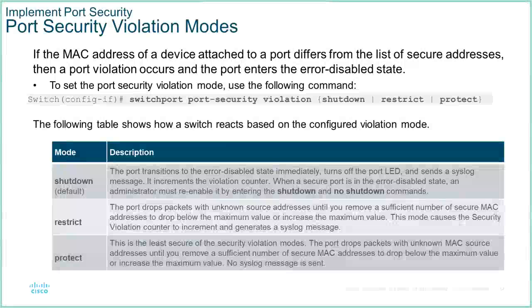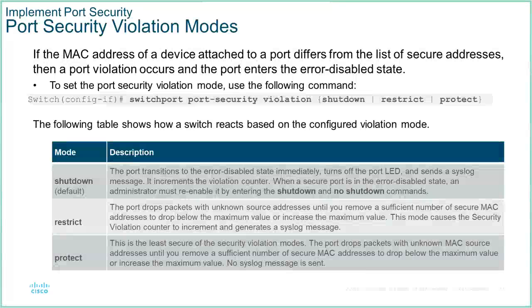But it won't take proactive measures like the shutdown does. Okay, so the least secure one is protect. It drops the packets for the unknown MAC source and keeps it that way until maximum MAC addresses become available.